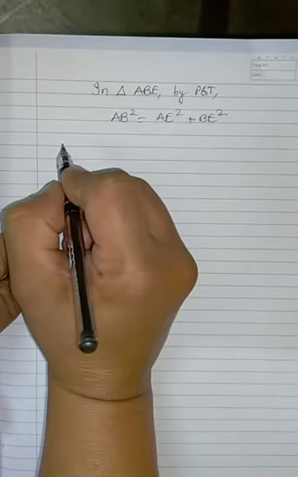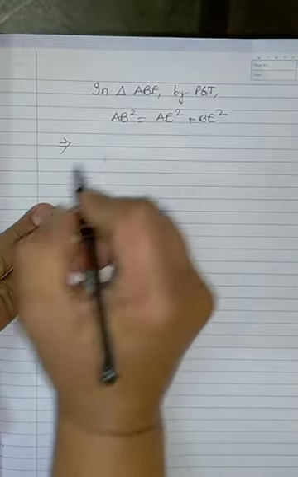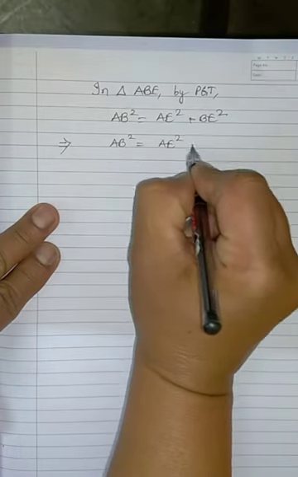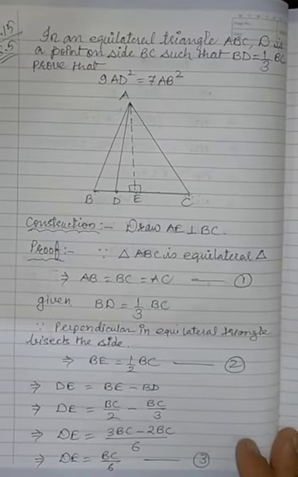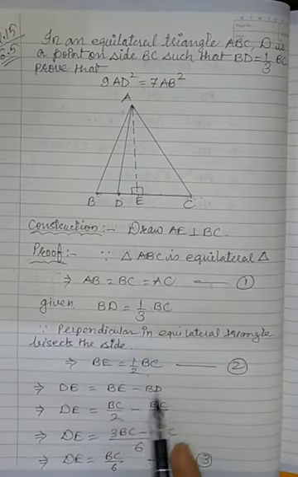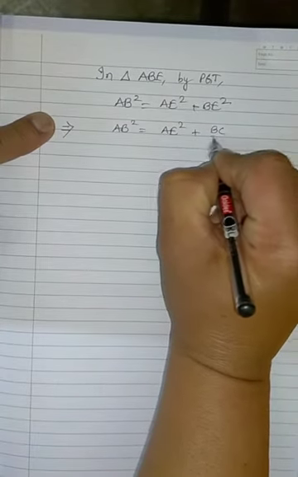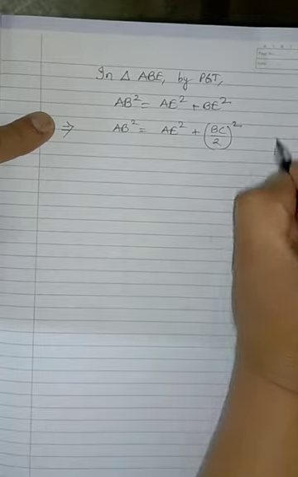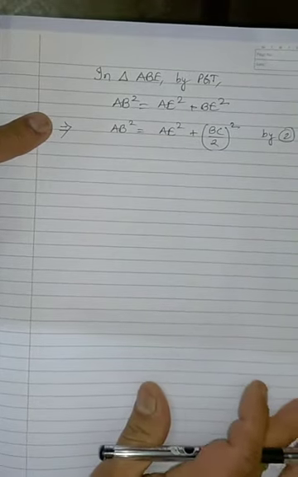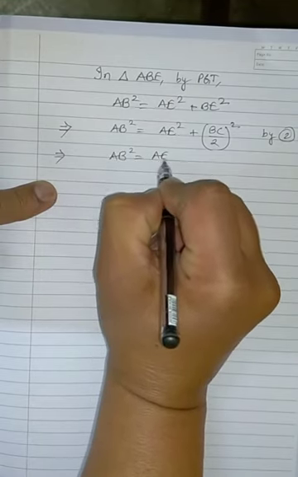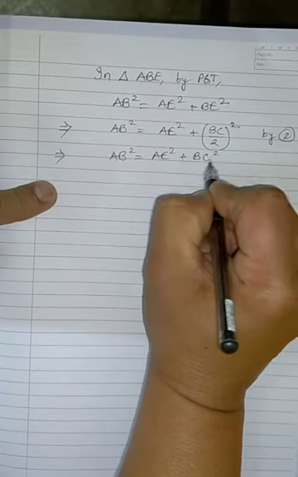That implies AB square is equal to AE square plus, now BE, which is half BC, so put the value of BE here by equation number 2. That implies AB square is equal to AE square plus BC square upon 4.